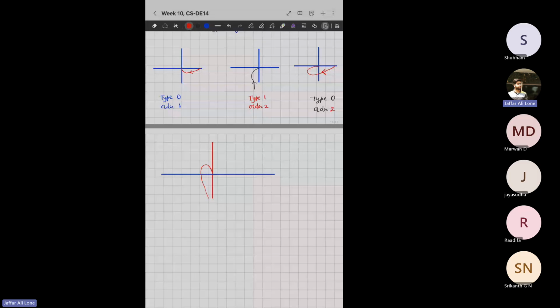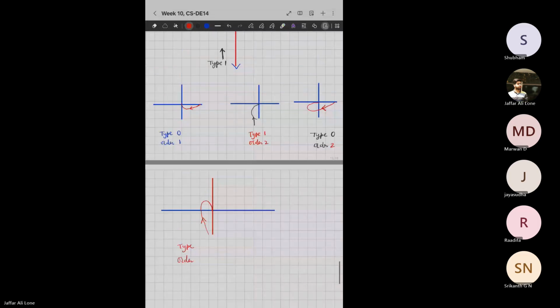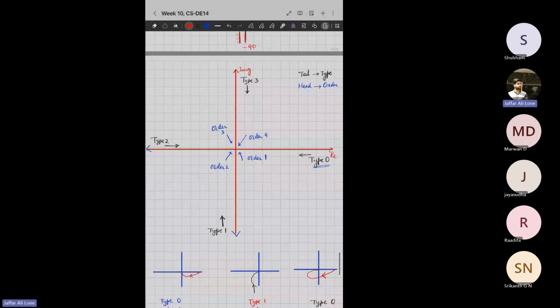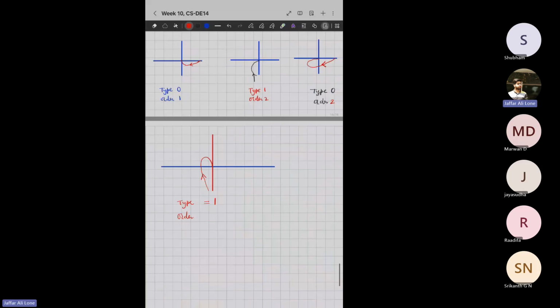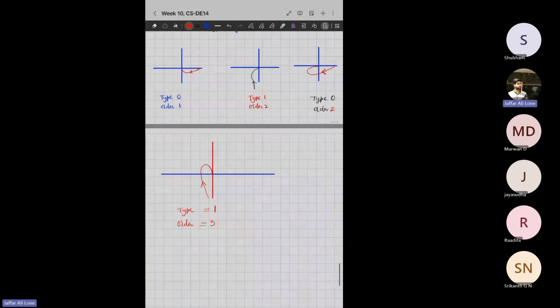Now tell me what is the type and order. This should be type 1. You see, type 1 and order 3. Okay, not type 0, it's type 1.